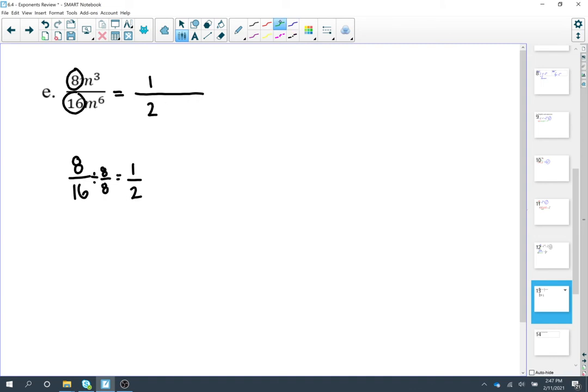Now, the next part of my answer is going to deal with this m cubed and m to the sixth. So let's think about that. M cubed over m to the sixth. However you want to think about it, it's the quotient rule. So we're really doing m to the third minus 6, which is m to the negative 3. Now, if it's a negative, that tells you to do the reciprocal.